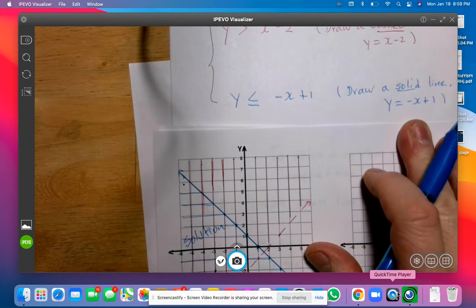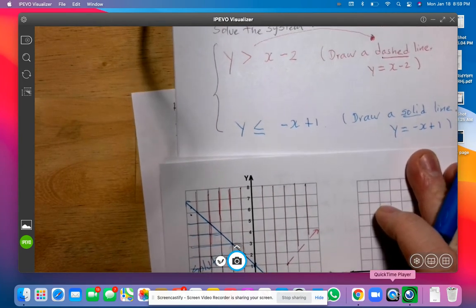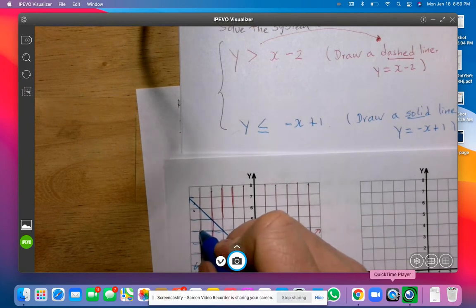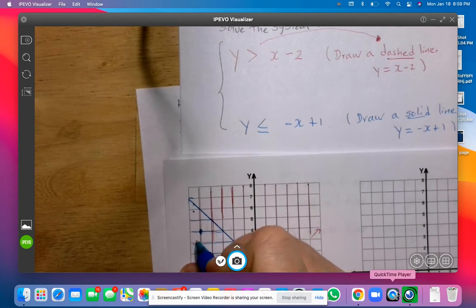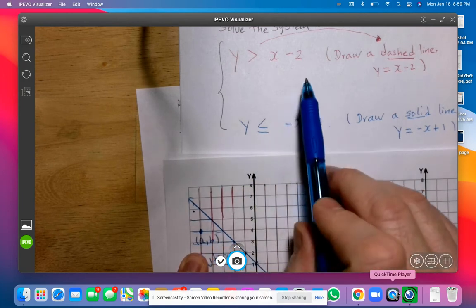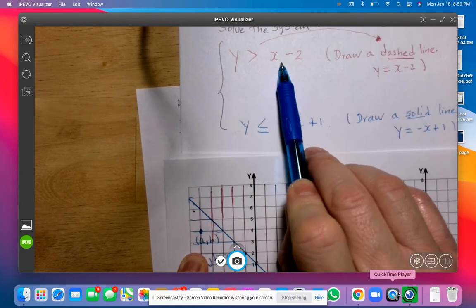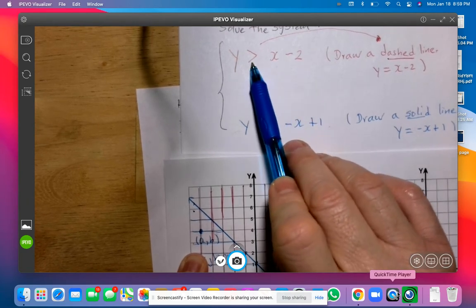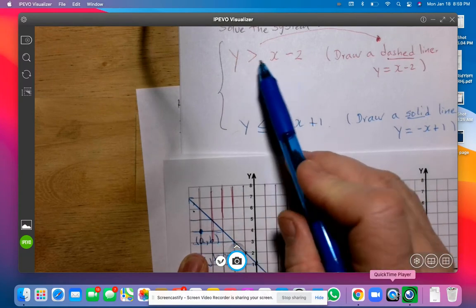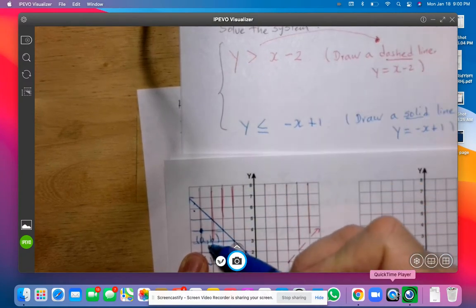It's also important to notice that when we say that a point here is a solution, or that it satisfies both inequalities, that means that if we consider the x coordinate, let's say the x coordinate of this point is A and the y coordinate of that point is B, when we do A minus 2, the answer will be less than the y coordinate, which in this case is B. So that's a relationship between the x and the y coordinates of this point.